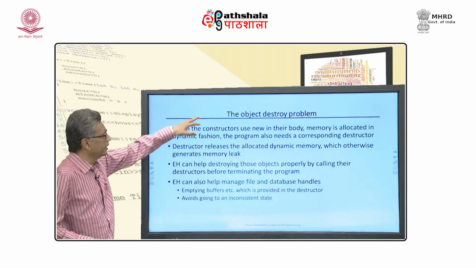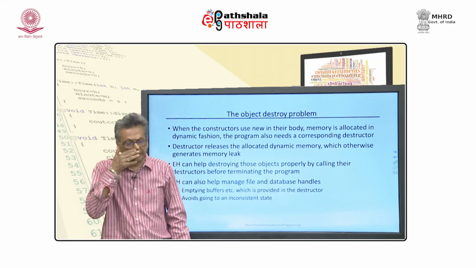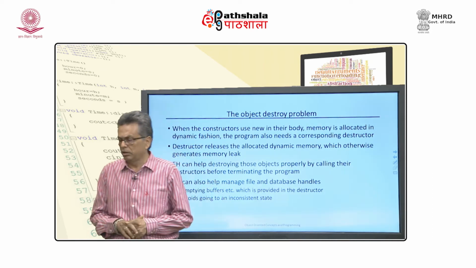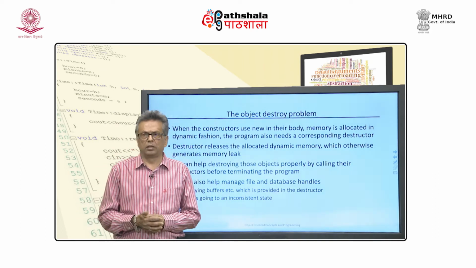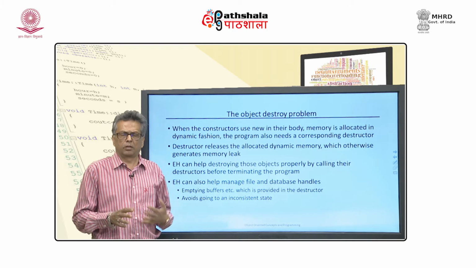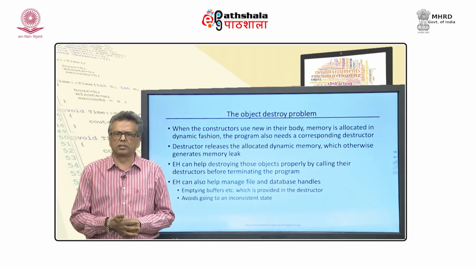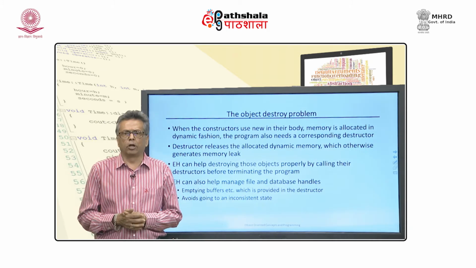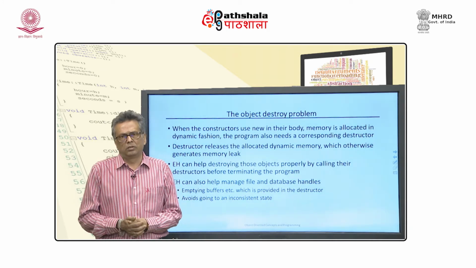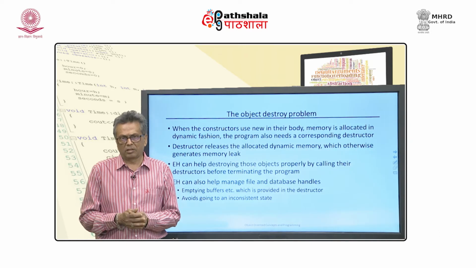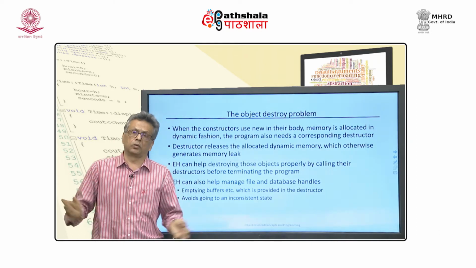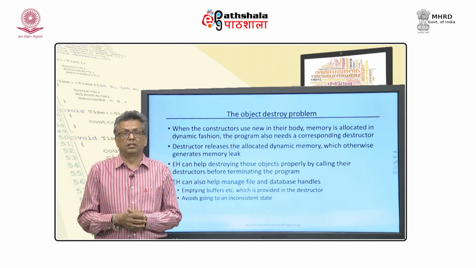And I have already talked about this object destroy problem. Whenever you have some objects which are created using dynamic memory allocation, either using new or you may even use malloc, but people do not use malloc, new is a far better system. But if you use new or malloc, there is always a problem. When you call new, you allocate memory yourself, and if you do not use delete, the memory is not deallocated and the program ends.